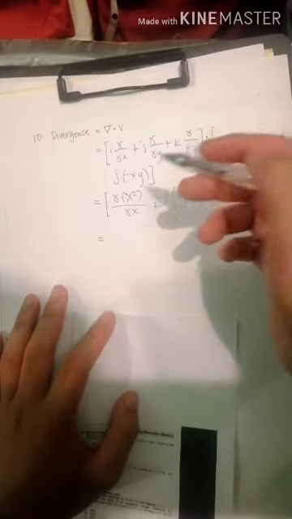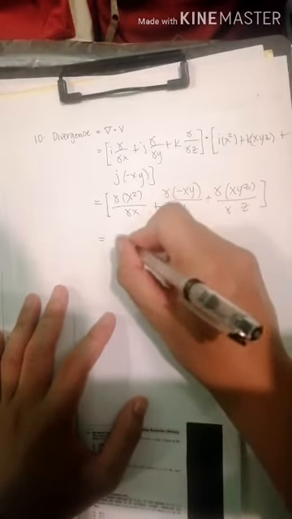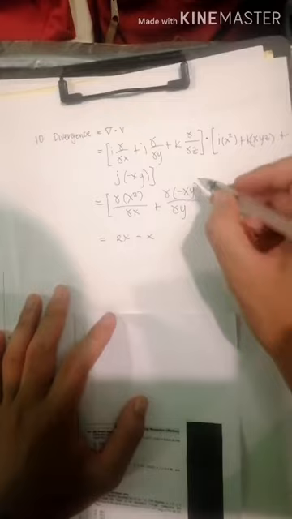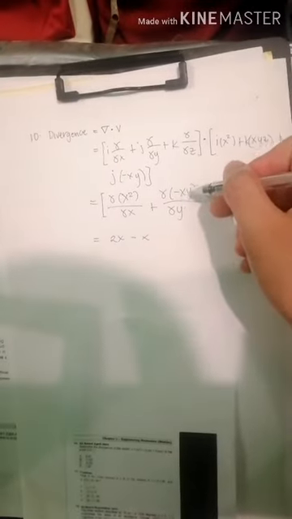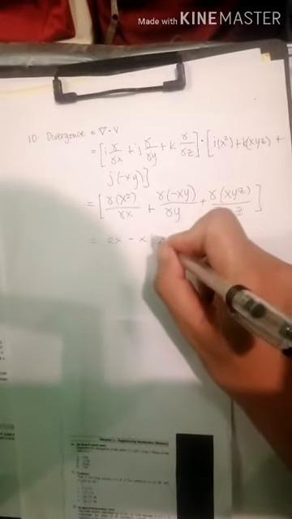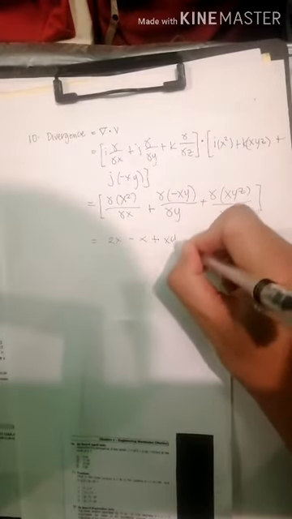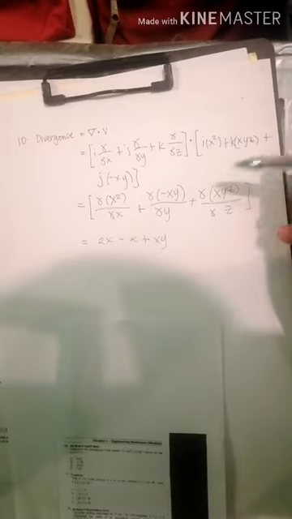Next is partial derivative. So 2x minus x. So ang variable dito ay y. So constant yung x. Plus xy. So dito naman yung z yung variable, so yz yung constant.